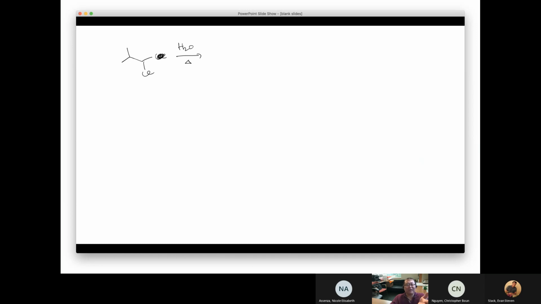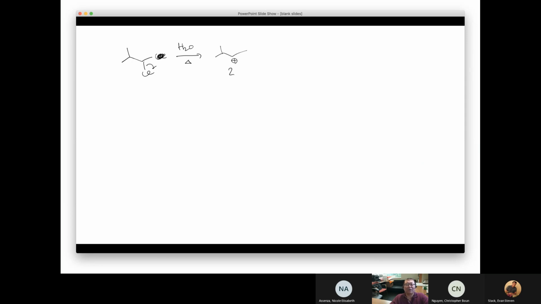Because primary alkyl halides are not really going for E1 elimination that easily either. Secondaries are, tertiaries are really good, but secondaries are at least marginal. So like a secondary alkyl halide right there. In the water, this one will take off, and then you get the carbocation right here, right?